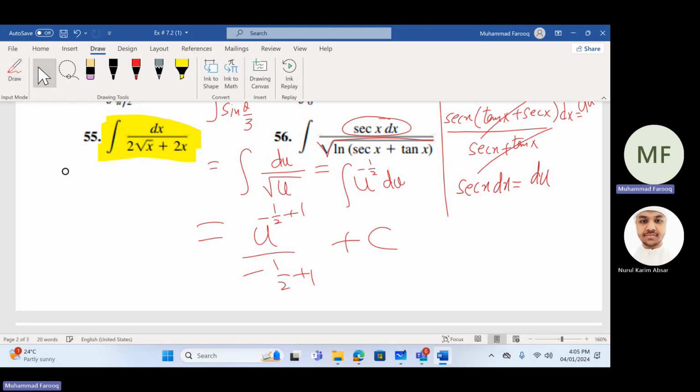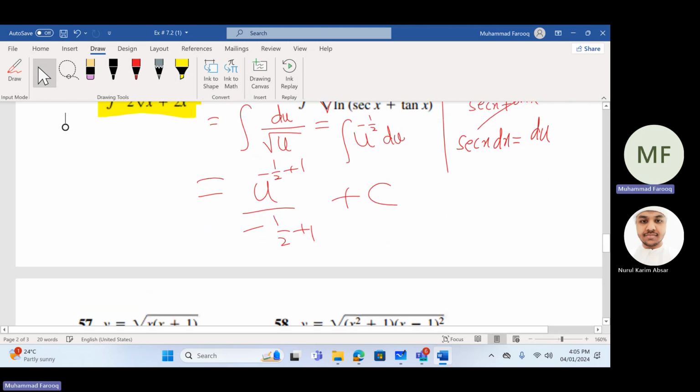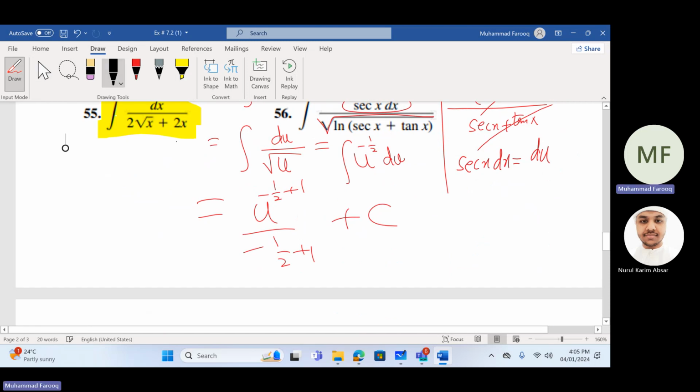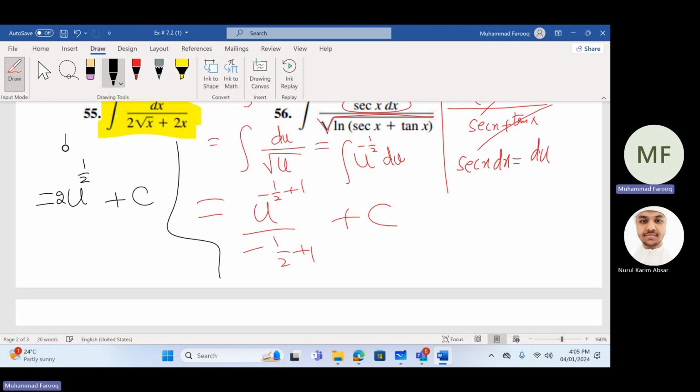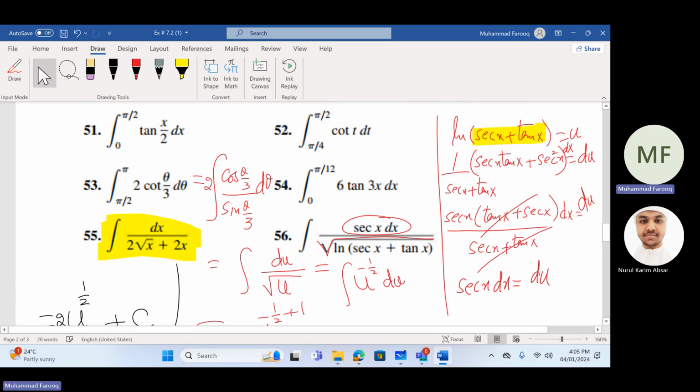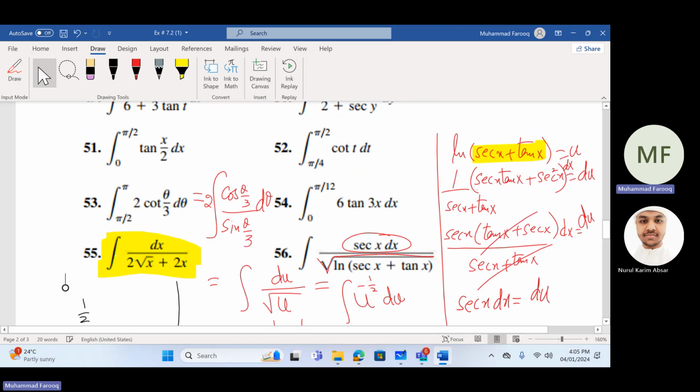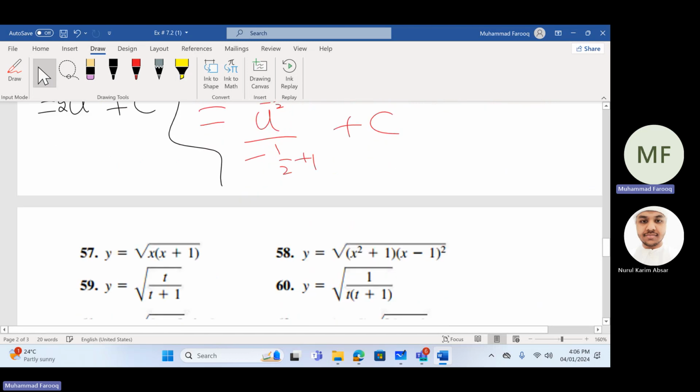After this calculation, u power half divided by half flips, it becomes 2, plus c. Please put back the u value. What is the u value? ln with the argument secant x plus tan x.